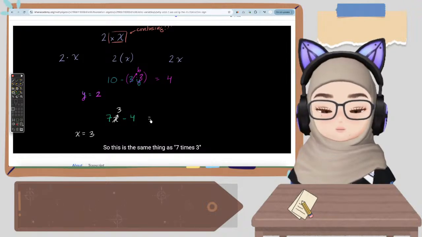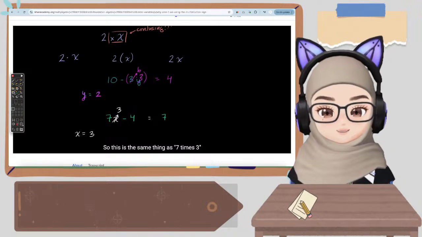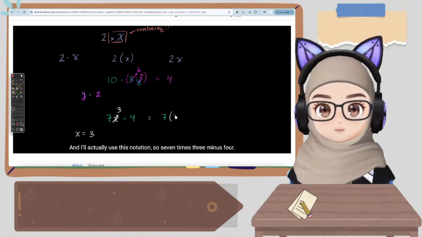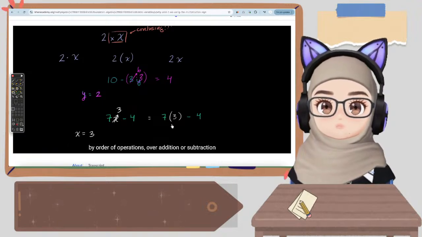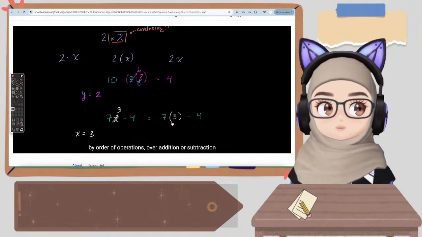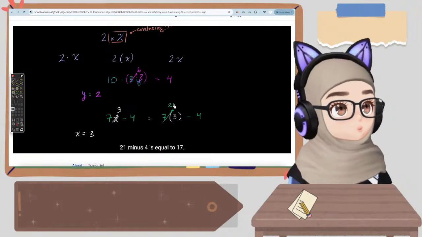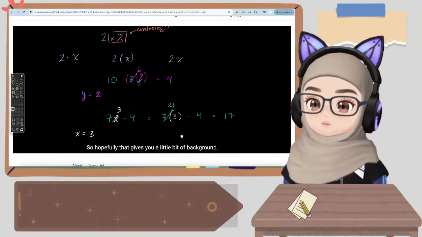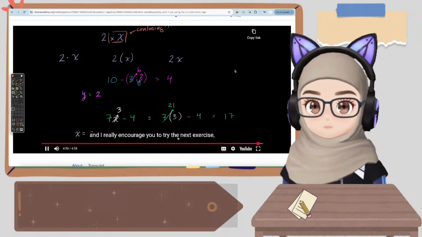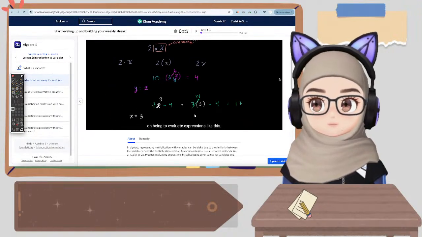So this is the same thing as 7 times 3 minus 4. And once again, multiplication takes precedence by order of operations over addition or subtraction. So we want to do the multiplying first. 7 times 3 is 21. 21 minus 4 is equal to 17. So hopefully that gives you a little bit of background, and really encourage you to try the next exercise. It'll give you a lot of practice on being able to evaluate expressions like this.